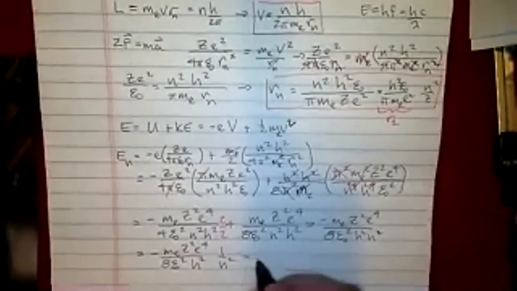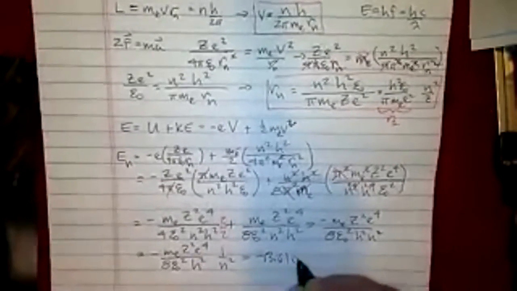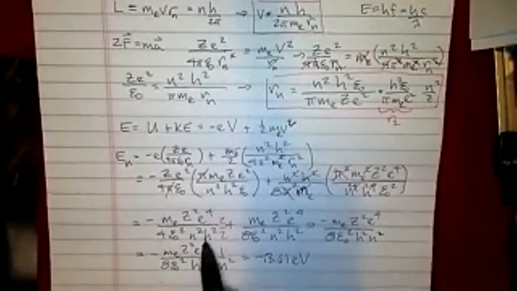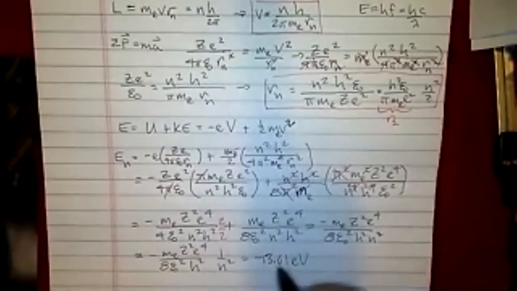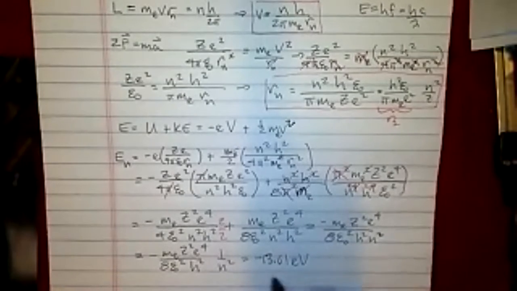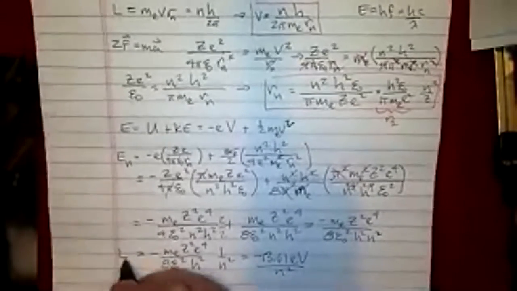And that is actually equal to negative 13.61 eV. In other words, if I take the time to calculate all this and then convert it from joules to eV, I'll get negative 13.61 eV over n squared. And this is our E sub n.